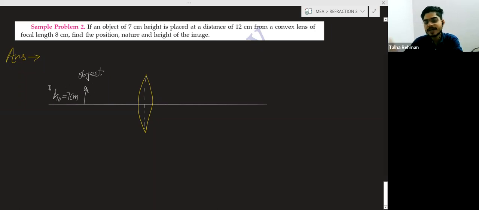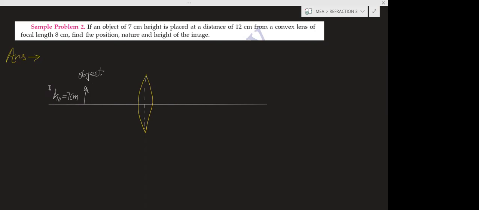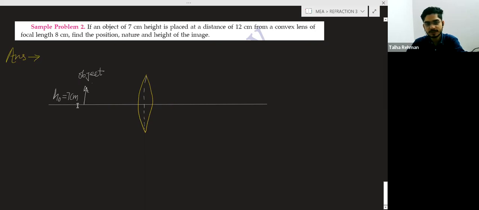Can anyone tell me, will we take the height of the object as positive or negative? Martin, what do you say? Yes, sir, we will take positive. Why will we take the positive?